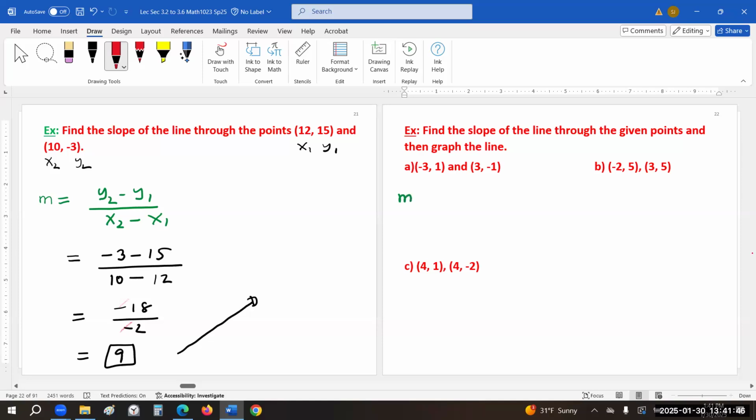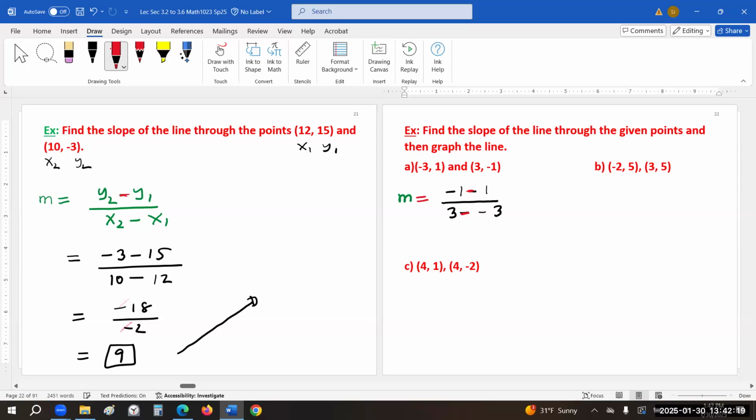So, who would like to help me with the first one? Go ahead. So you have -1 minus 1 divided by 3 minus -3. So 1 minus always comes from the formula.